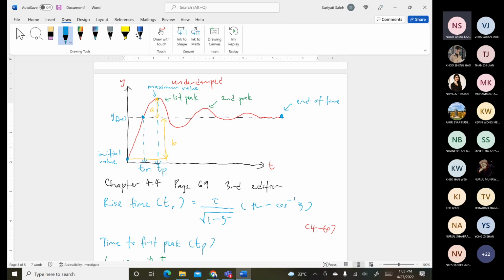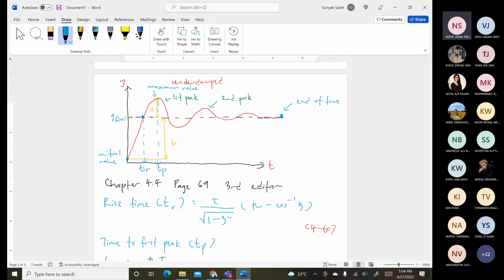In order to measure the severity, or to consider whether the oscillation is acceptable or not, we take a look at the second peak and the first peak, where we want to see how much the magnitude decreases from the first peak to the second peak.